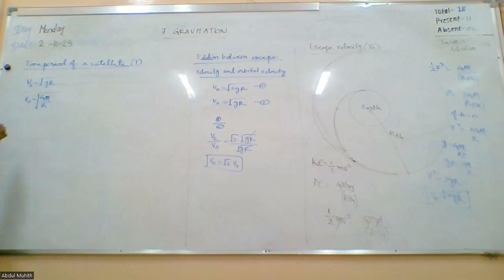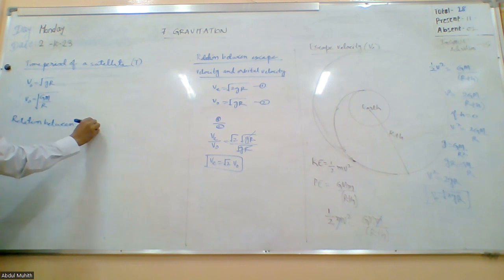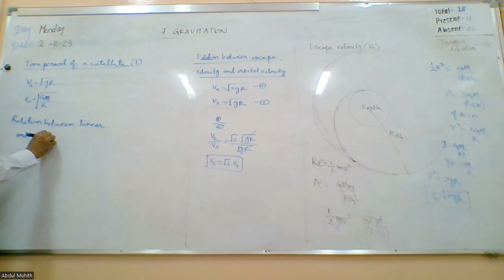Now we have the relation between linear velocity and angular velocity. What is that? v is equal to r omega, as a cross product.